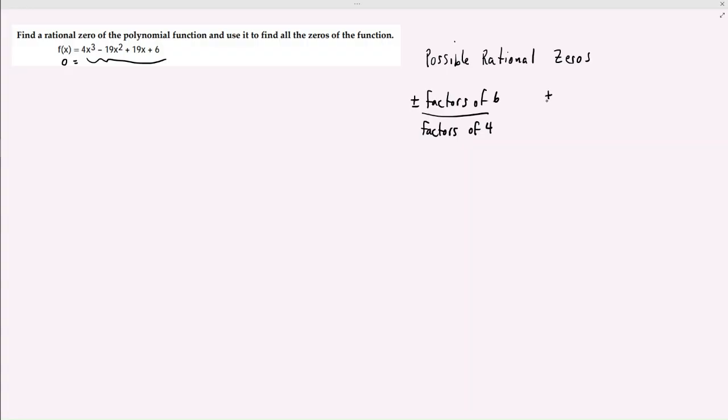Okay, so that's going to be plus minus 1, 2, 3, 6. And down here, a plus minus 1, 2, and 4.